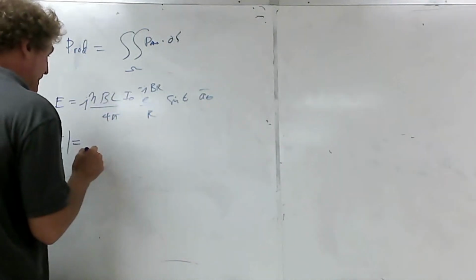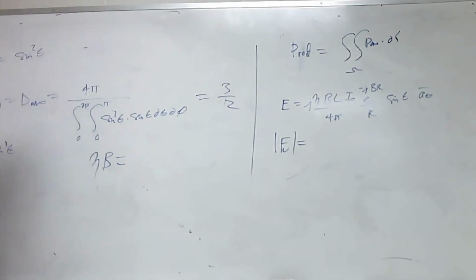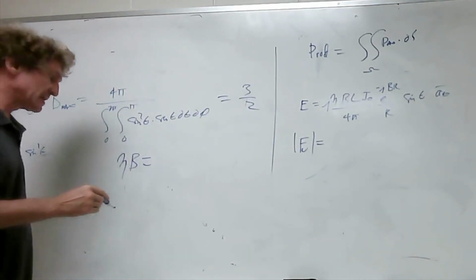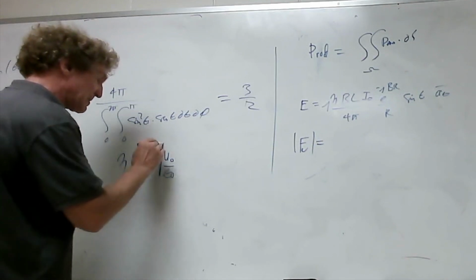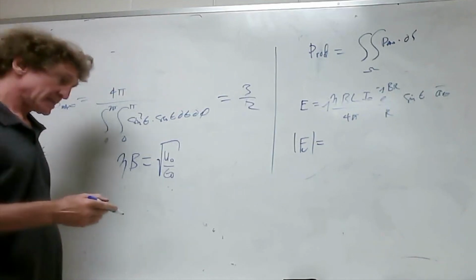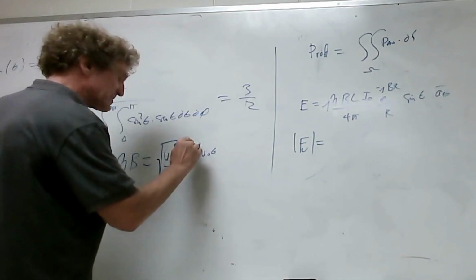So I have eta beta. This is done all the time; I work in this area. Eta technically is the square root of mu naught over epsilon naught in free space, correct? And beta is omega times the square root of mu naught epsilon naught, right?